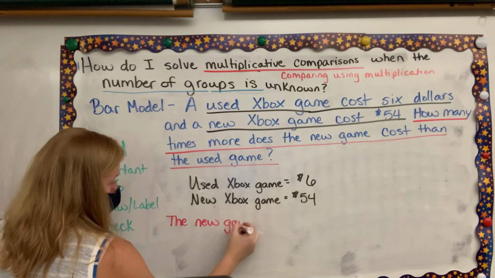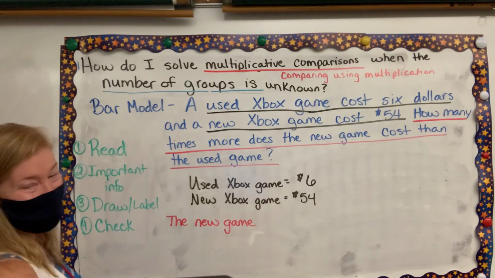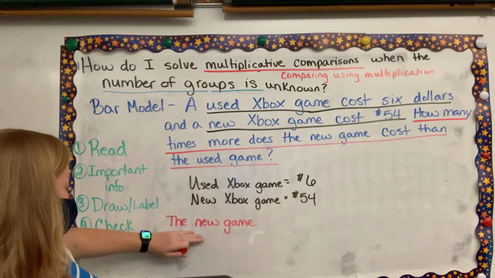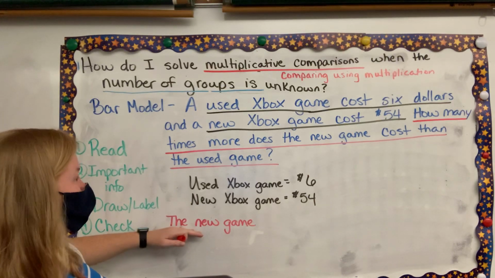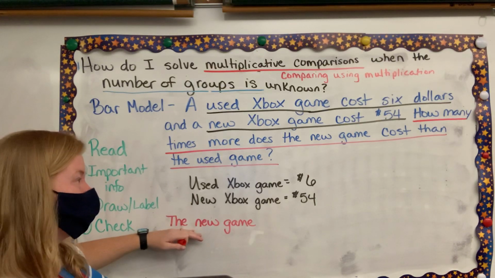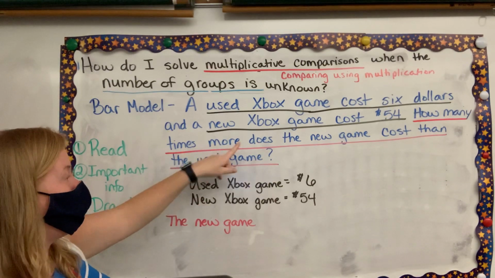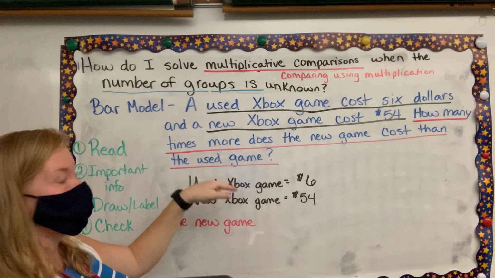How many more? It's hard when there's a lot of words. How many times more does the new game cost? So the question is, how many times more does the new game cost than the used game?